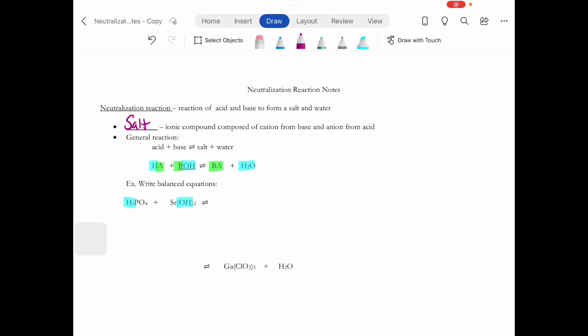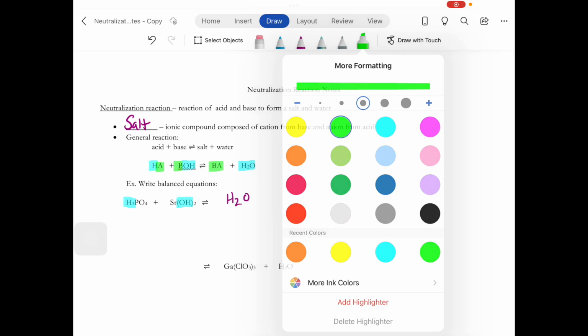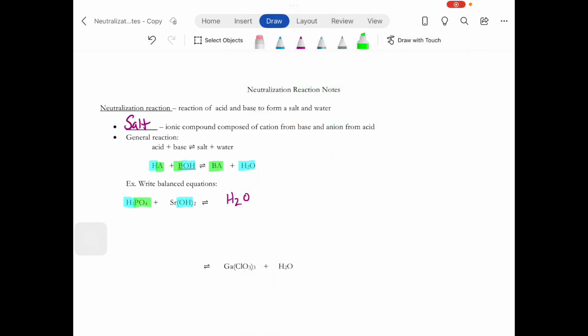That would probably be the easiest thing to write. Then the other stuff is going to combine together to form our salt. So notice how Sr is written first here, PO4 is in the back, keep it that way. Sr needs to be written first, and then PO4 is on the back.